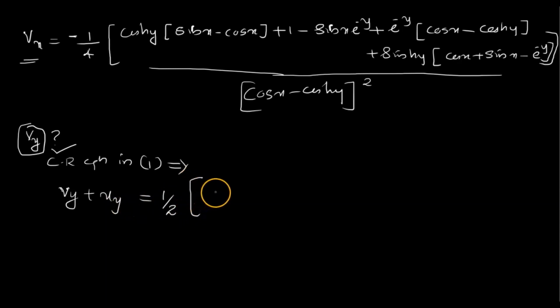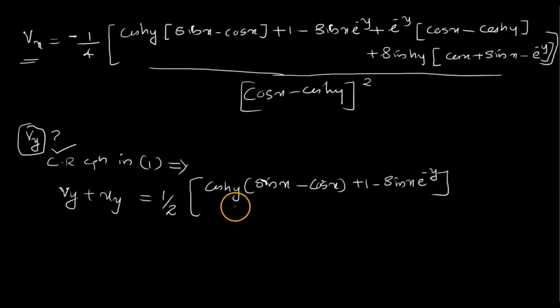So 1 by 2, what is equation 1? Cosh y into (sin x minus cos x) plus (1 minus sin x) e raised to minus y, all divided by (cos x minus cosh y) all square.